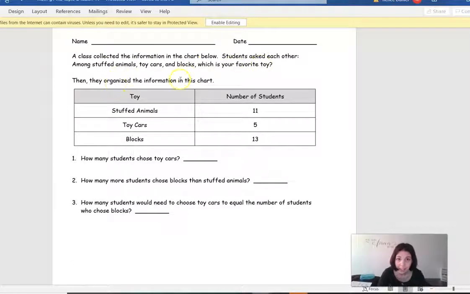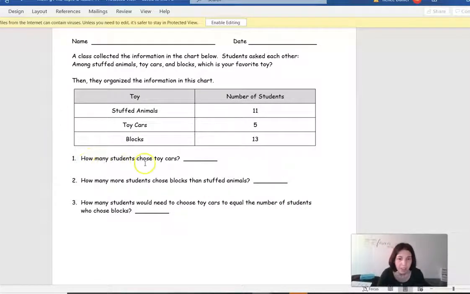Then they organized the information. So they have stuffed animals. There's 11. For toy cars, you slide all the way over. 5 people chose toy cars. And blocks, how many people chose blocks? 13. Very good.